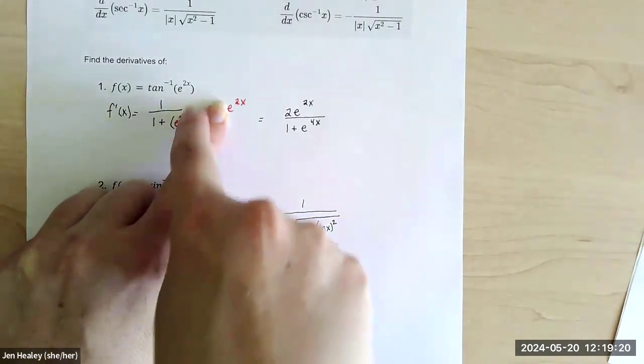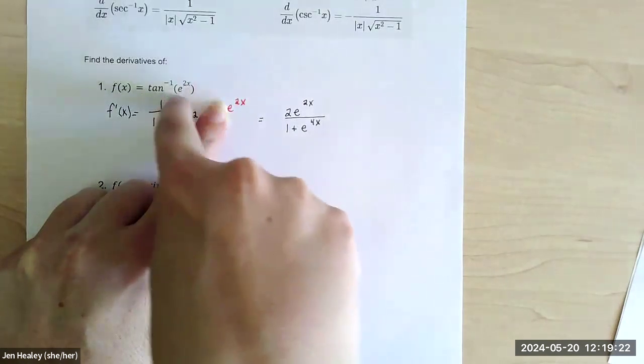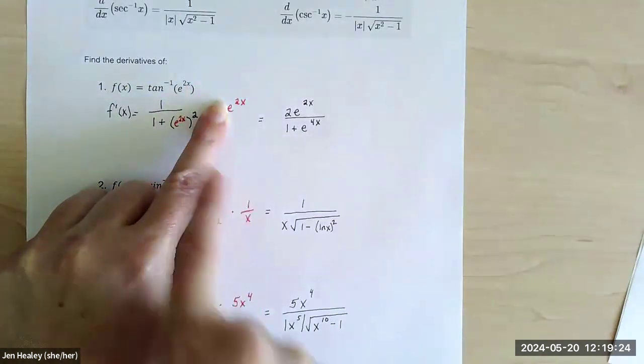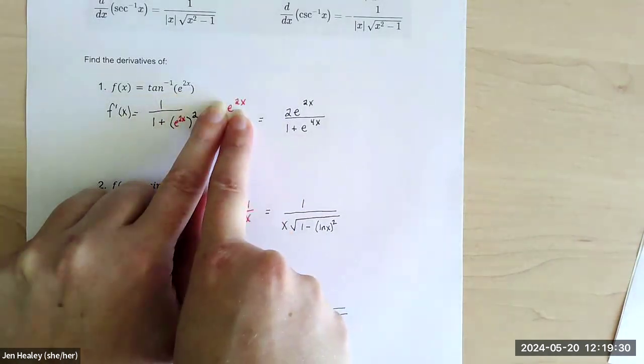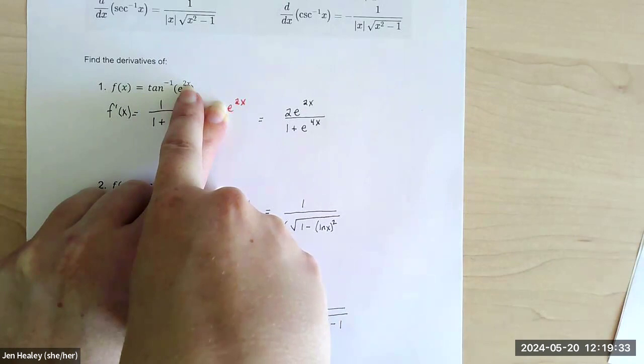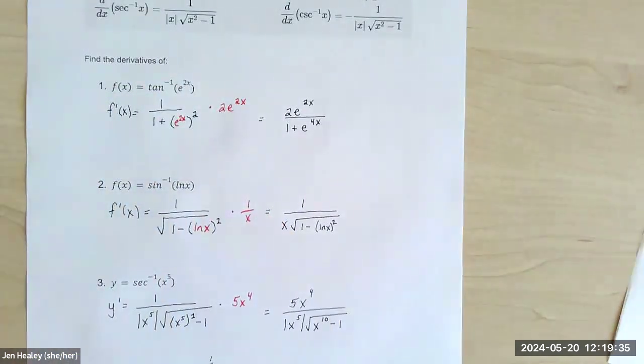So when I'm doing this part here for chain rule, if you take the derivative of e to the 2x, it's actually just e to the 2x, but then we have to take the derivative of the 2x part, and so that's where that 2 came from out front. So whenever you're doing an e to the something, let's say it was e to the 10x, if you took the derivative of e to the 10x, you still write e to the 10x times 10.